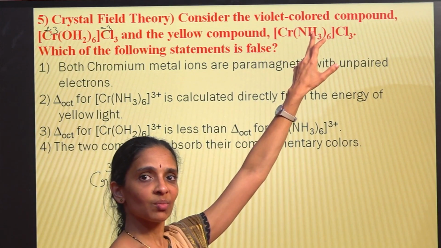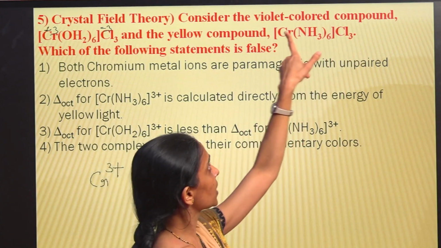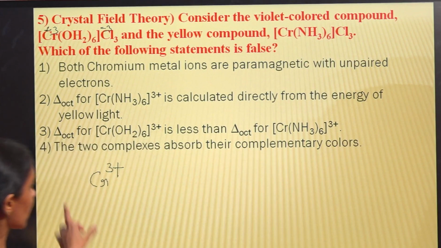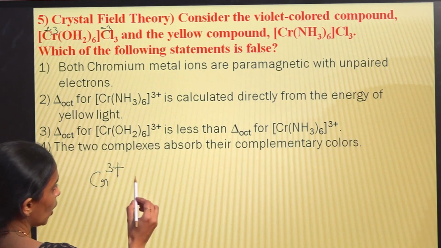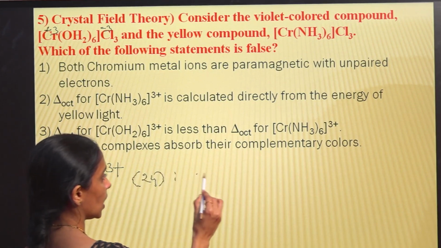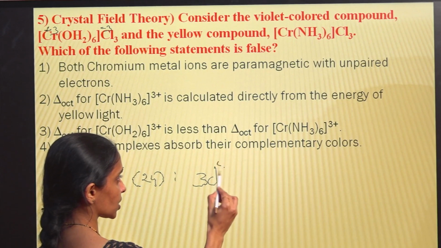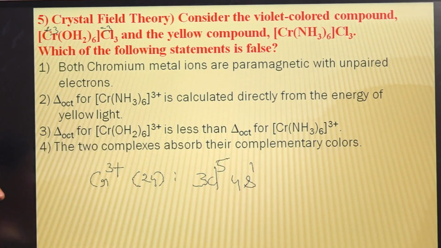Ammonia, ligand name is amine. So this is also neutral. This is -3. So chromium should be +3. Now in 3+ form, what is the configuration of chromium? It is 24, has unusual configuration, correct? 3d5, 4s1 in the atomic state.